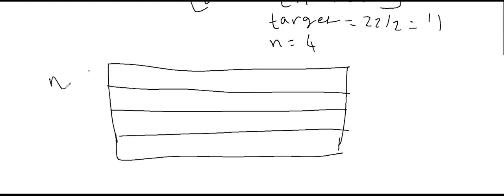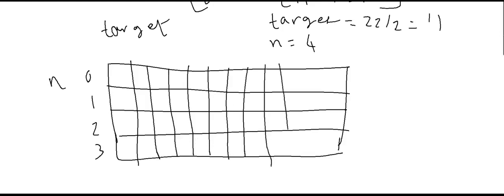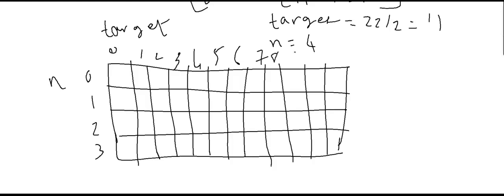This is n, and this is our target: 0, 1, 2, 3, 4, 5, 6, 7, 8, 9, 10, and 11, right?